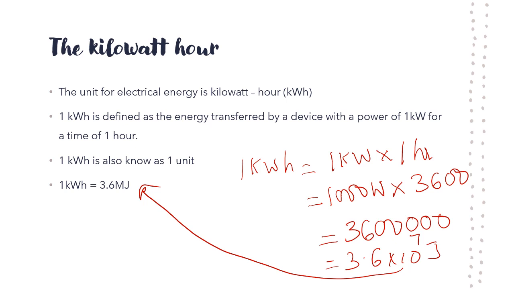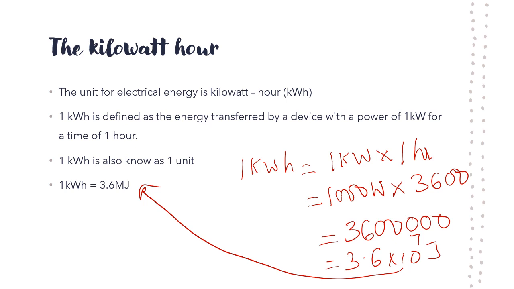Now this derivation also they can ask you to figure it out. Show that 1 kilowatt hour is equal to 3.6 megajoules. So I hope you got the idea behind it. Kilowatt hour is the unit of energy when we take power in kilowatts and time in hours. Joules is the unit of energy when power is in watts and time is in seconds.